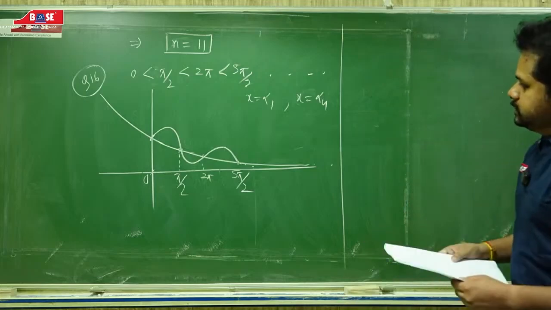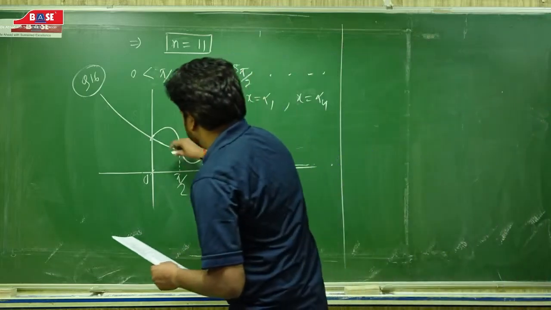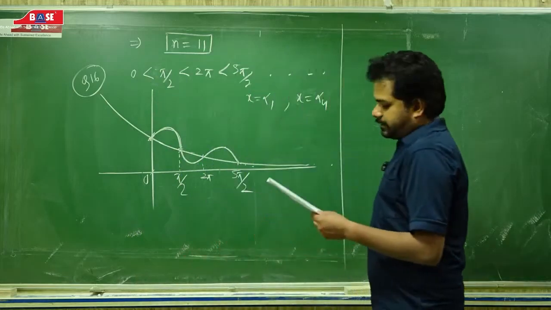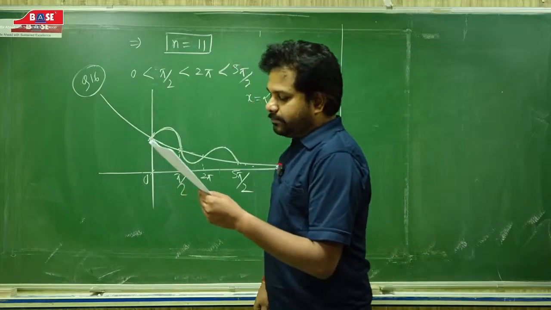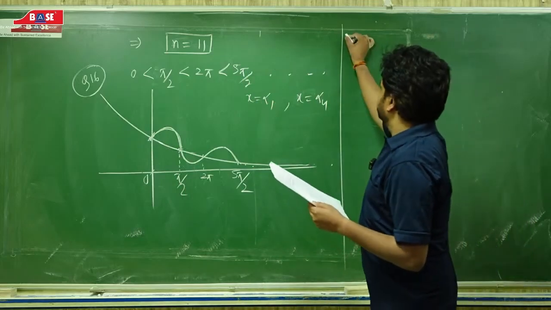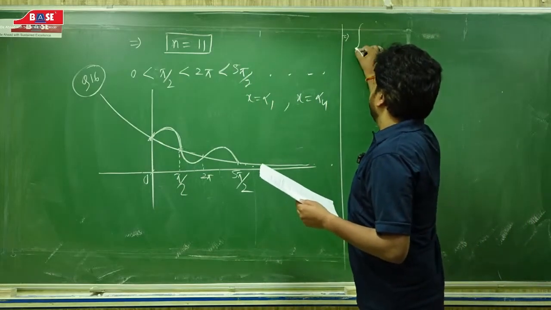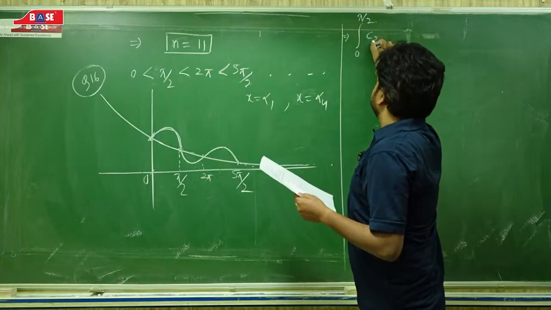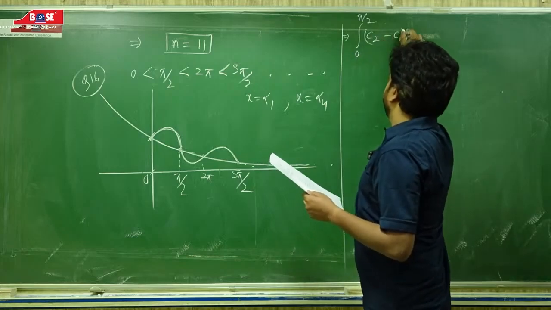Okay then. If you observe this, if I subtract the curve C1 from the curve C2, I'll have the interval 0 to pi by 2, C2 minus C1.